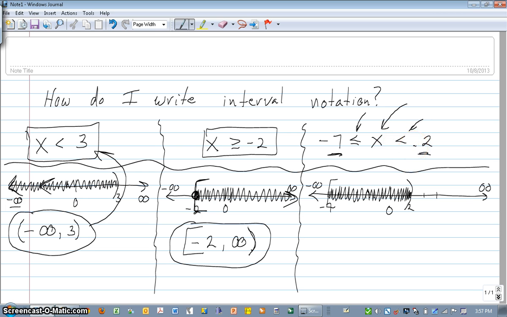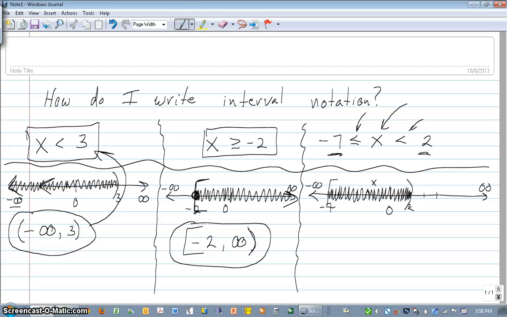So x is in here somewhere. -7 is to the left of the x, and x is to the left of 2, all at the same time.